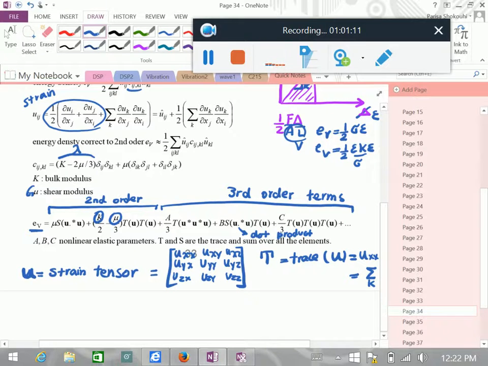If you have hydrostatic pressure, it describes the change in volume due to the hydrostatic pressure. It is defined as the change of hydrostatic pressure over the relative change in volume. This is volume.